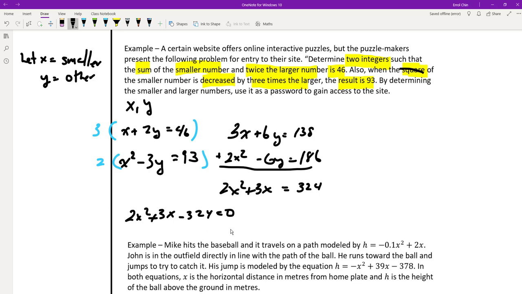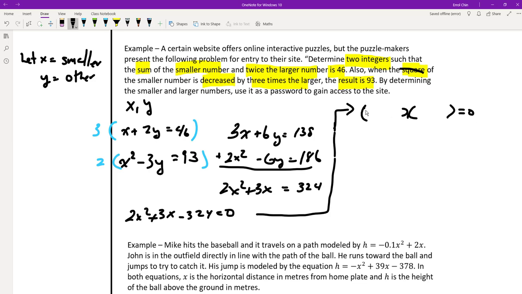Now, as it turns out, again, I'm going to save you some time. You could use the quadratic formula. You can use Desmos. You can use graphing, right, for Desmos. This one you can actually factor. So again, I won't show you how the factoring takes place, but it turns out you can factor these 2 factors.